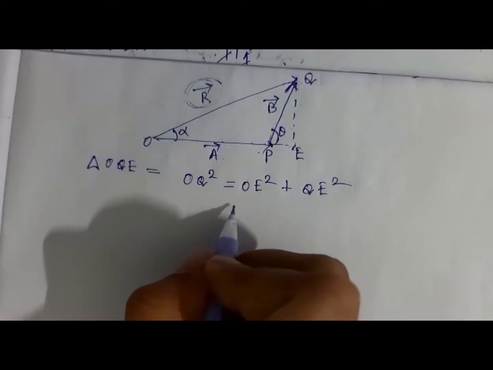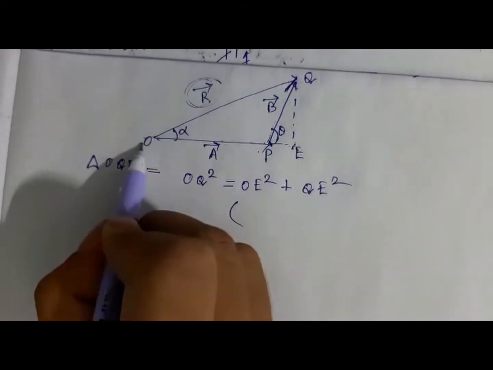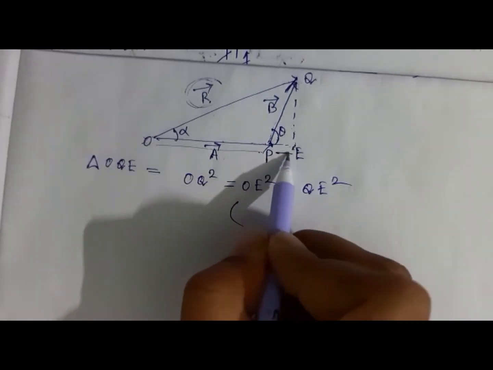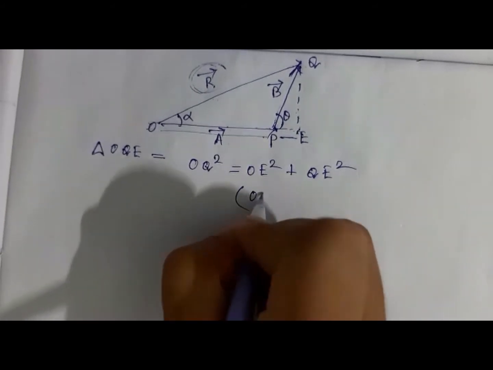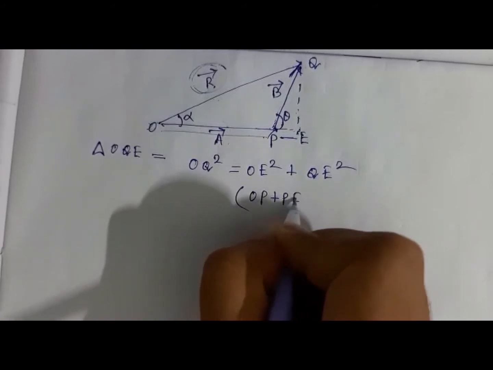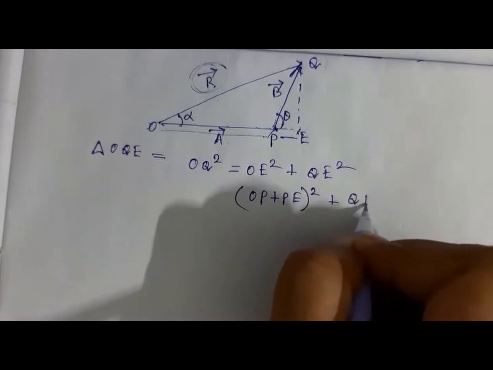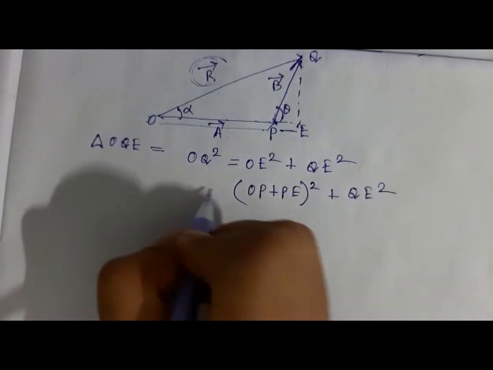Now my OE is OP plus PE. So here you can write OQ square equals OP plus PE, whole square, plus QE whole square.